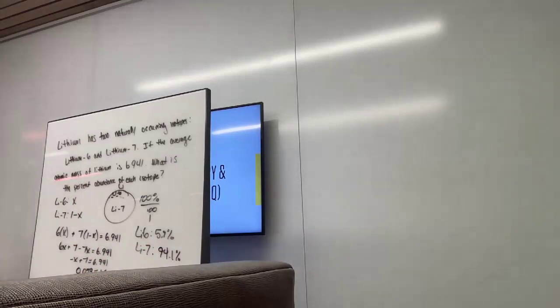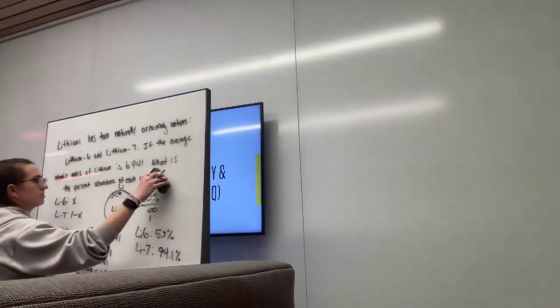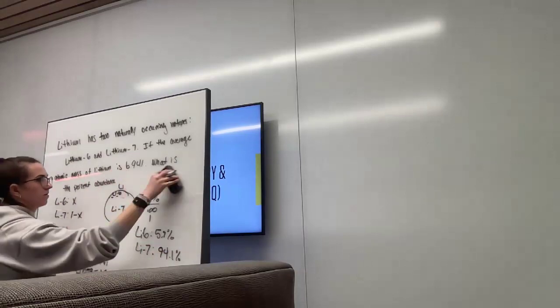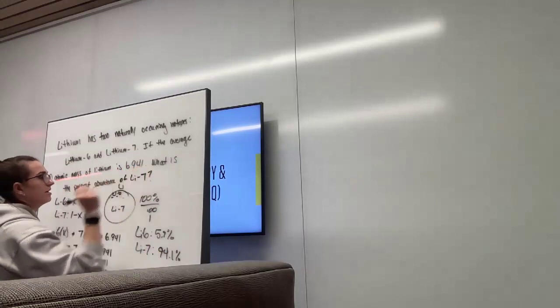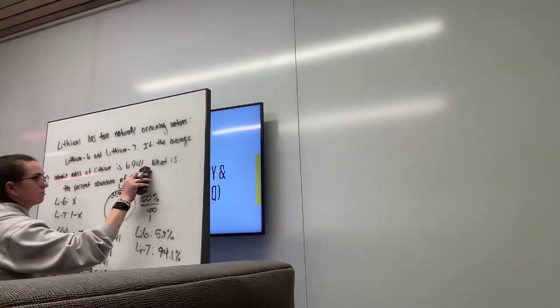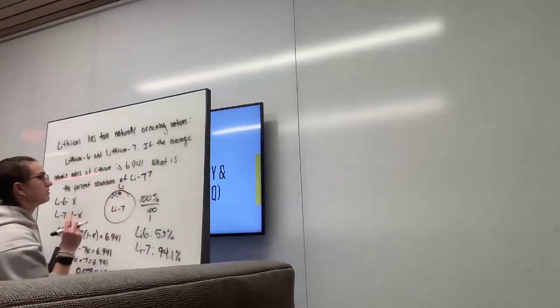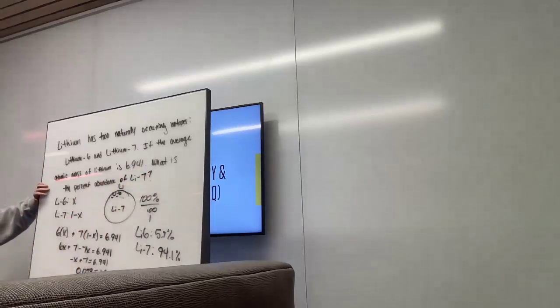Can you explain one more time, if we were quizzed over this, which one we would know to put the 1 minus X with? If I change this from saying, what is the percent abundance of each isotope, to saying what is the percent abundance of lithium 7? If we gave this notation of lithium 6 as X and lithium 7 as 1 minus X, when we solved for X, we found lithium 6.